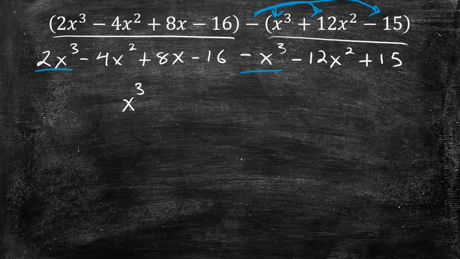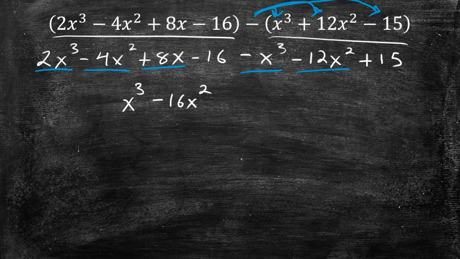Now let's look at our x squared terms. We got negative 4x squared, negative 12x squared. So negative 4x squared minus 12x squared, that's going to give us negative 16x squared. All right. Next up, we have positive 8x here. And there are no other x terms, x to the first power terms.